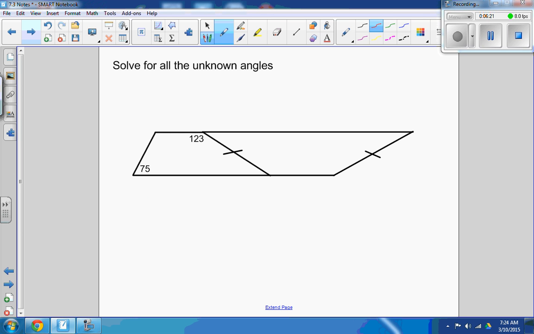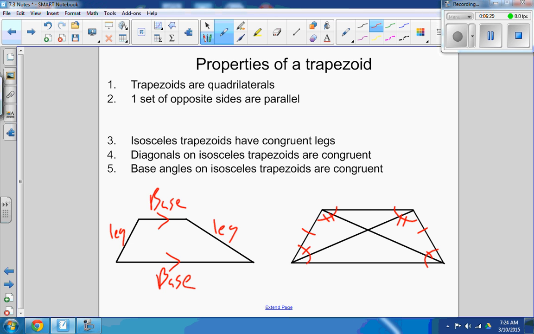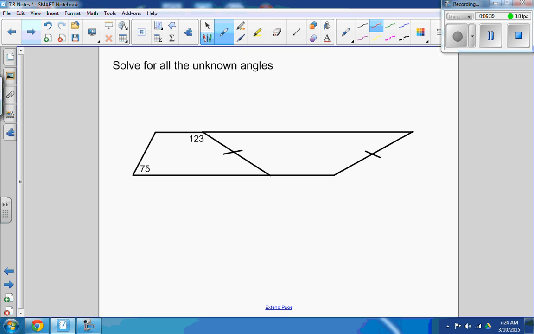So let's solve for all of the unknown angles on this trapezoid. We've got one other property. These angles add up to 180. These angles add up to 180. So here, these add up to 180.